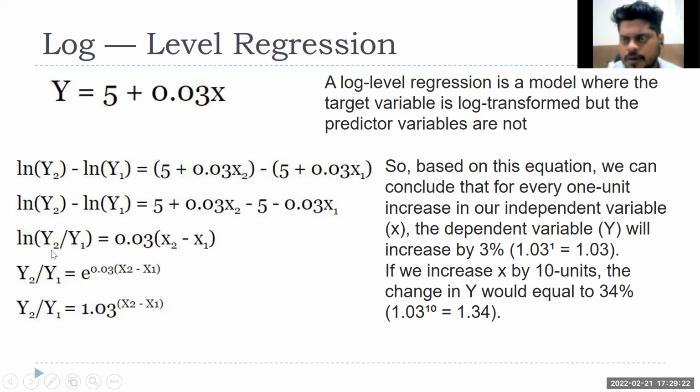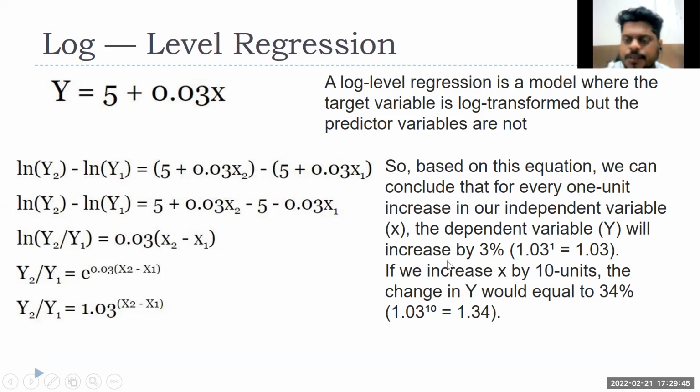The natural logarithm of y2 divided by y1 equals 0.03 multiplied by x2 minus x1. If I make an exponential transformation, my final equation is y2 divided by y1 is equal to 1.03 to the power x2 minus x1.